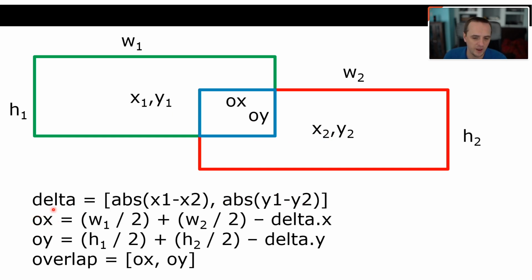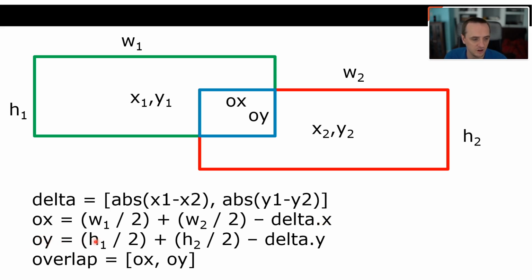Then we're going to have ox. This is the overlap x, so this is how much it's overlapping in the x direction. And we're going to have oy, which is how much it's overlapping in the y direction. So here, ox is equal to w1 over 2 plus w2 over 2 minus delta x. We saw that calculation on the last slide. And then we do the same thing with the y direction.